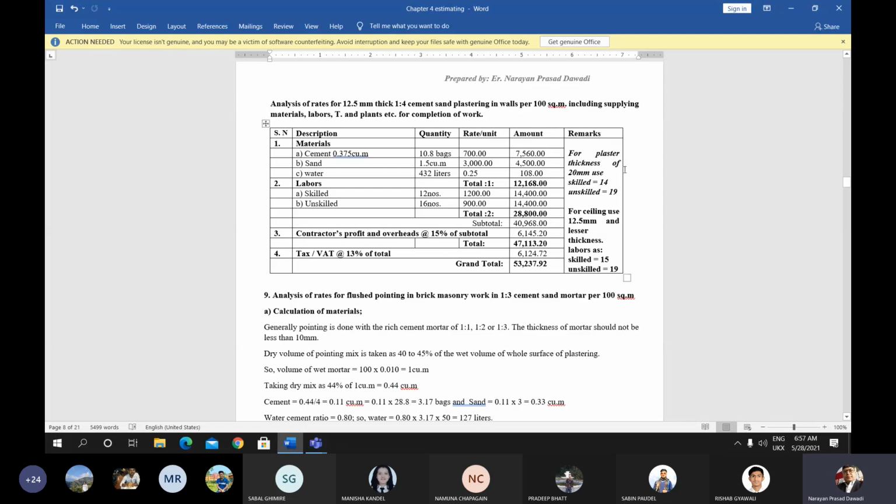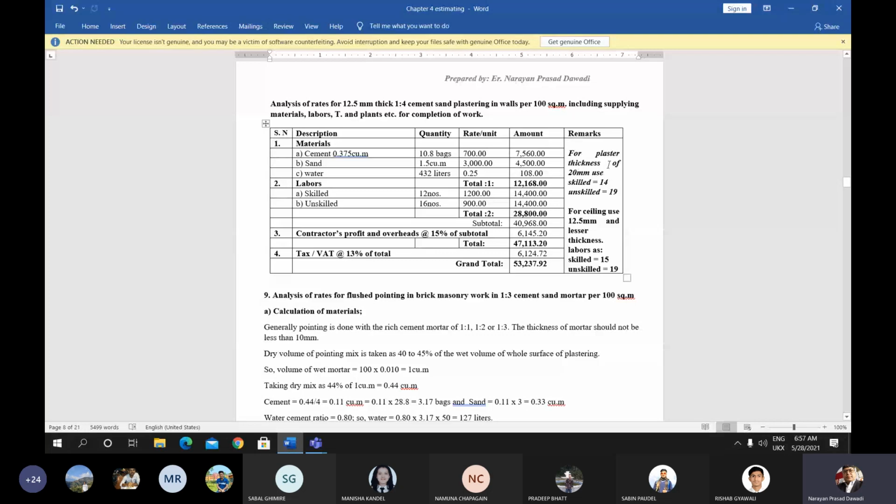That will be the wet volume of the mortar. In case 25% extra or 30% extra, you will get the dry volume. The proportion may be different: 1:3, 1:6, 1:5 may be used. At that time, this proportion is used to find the quantity of material by dividing the total dry volume by the total proportion given. You can find the material.